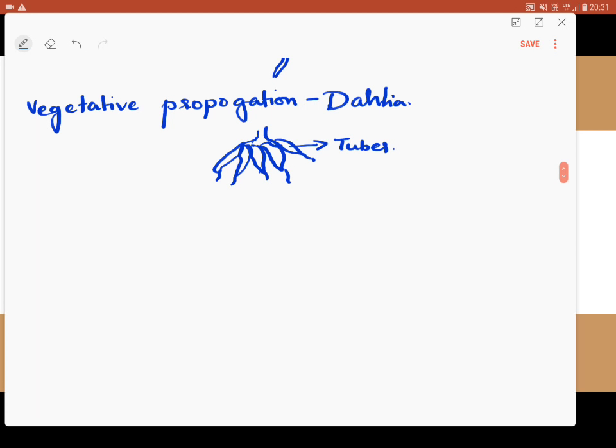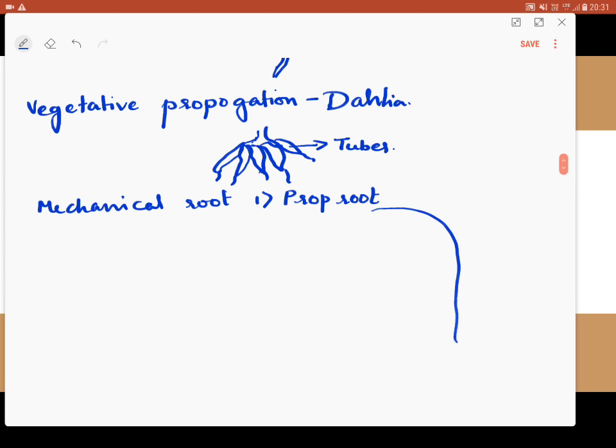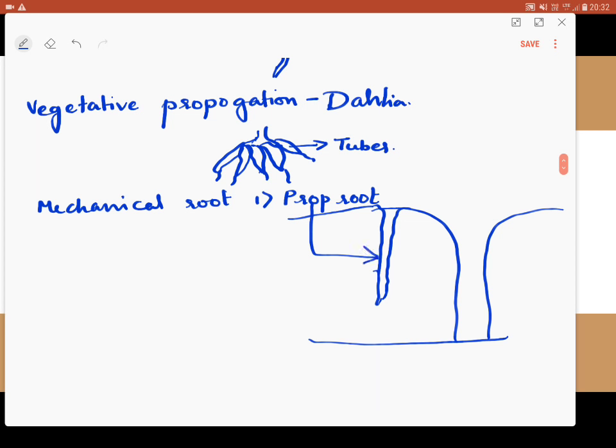This is an example of vegetative propagation. There are also roots which help for mechanical support. Under this case, we have two different types of root. The first type is prop root. You have seen the banyan tree. It grows very wide in nature, and from the branches come down certain prop roots which reach up to the ground and give support to the plant.